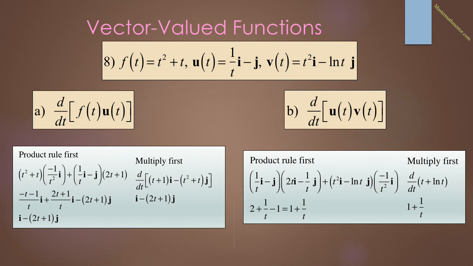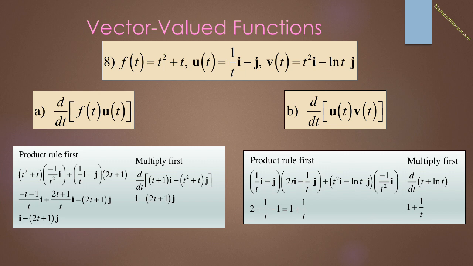We now want to take the derivative with respect to t of u of t dot v of t. There are two ways to handle this. Again, we will deal with the product rule first. So we have u of t, which is 1 over t i minus j, dotted with the derivative of v of t, which is 2t i minus 1 over t j, plus v of t, which is t squared i minus natural log of t j, dotted with the derivative of u of t, which is negative 1 over t squared i.